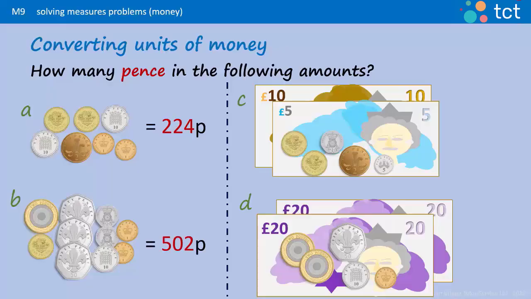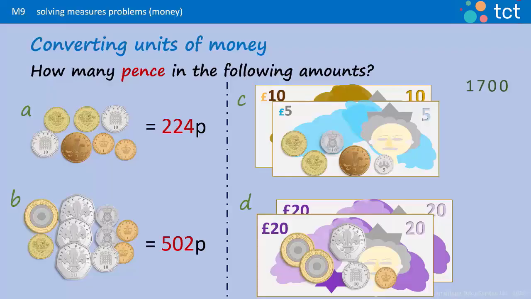Now C. £10 note, that's 1,000 pence. The £5 note is 500 pence, so we now have 1,500 pence. There's £2 coins there, so that's another 200 pence to add to the 1,500, so that's 1,700 pence.